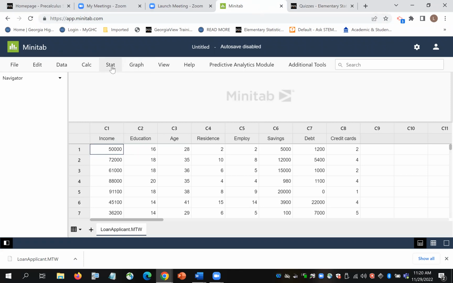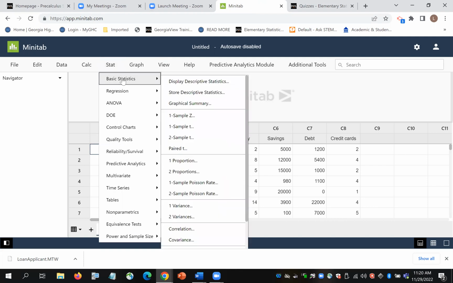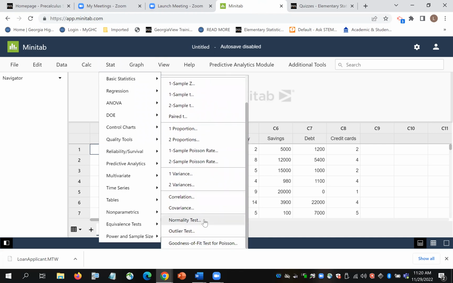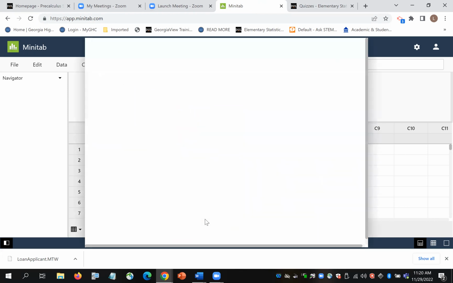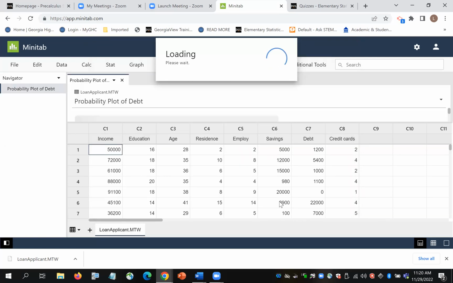But if I remember correctly, we go to Stat, Basic Statistics, Normality Test. The variable that we're interested in is debt. We're not worried about percentile lines, and we are calculating Anderson-Darling. And I click OK.